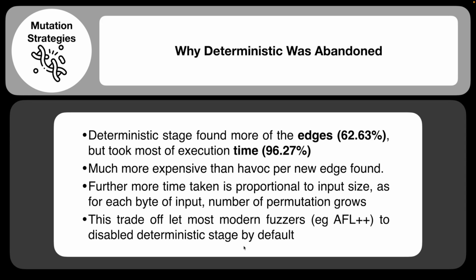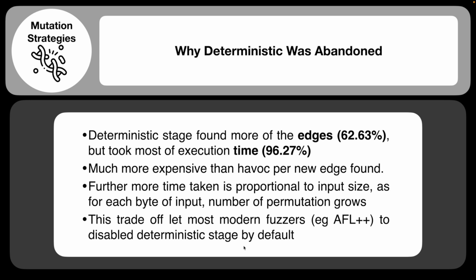And then what this paper in particular is looking at is that the deterministic stage was dropped due to this paradox, where the deterministic stage found the majority of edges, on average 62%, but it would take over 90% of execution time. So this was really expensive.